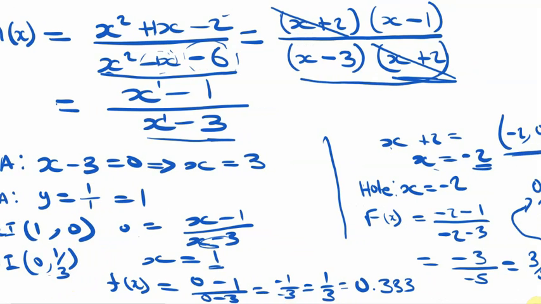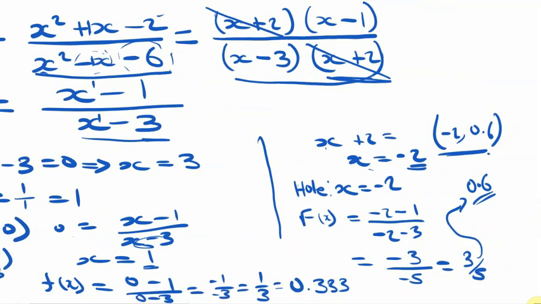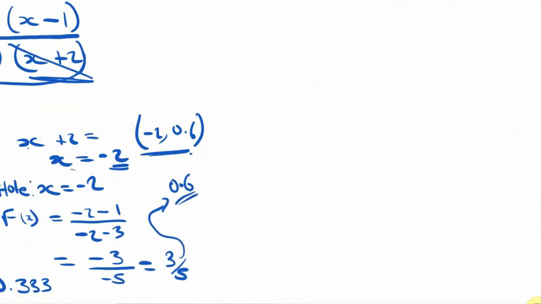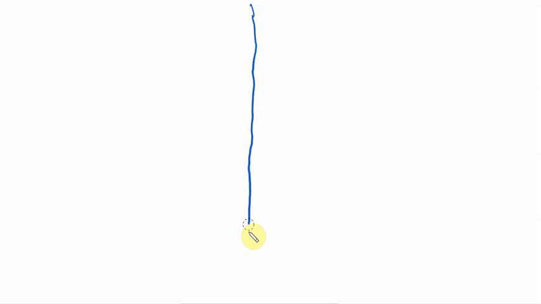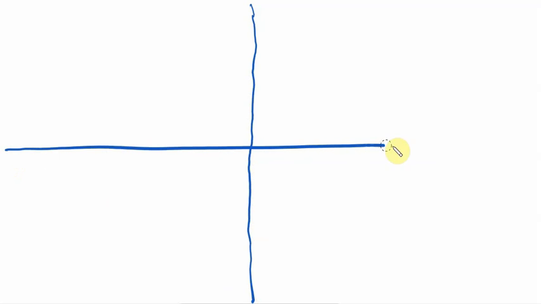Now we have our intercepts, we have our points. Now let's plot our graph. Okay, this is where I'm just drawing our Cartesian coordinates.